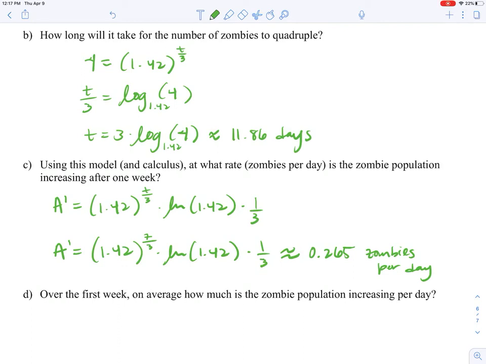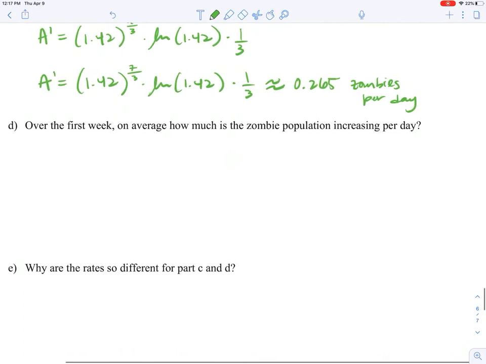Okay, so not even a whole zombie each day. Remember, this is just to model a situation. Obviously you cannot have 0.265 zombies.